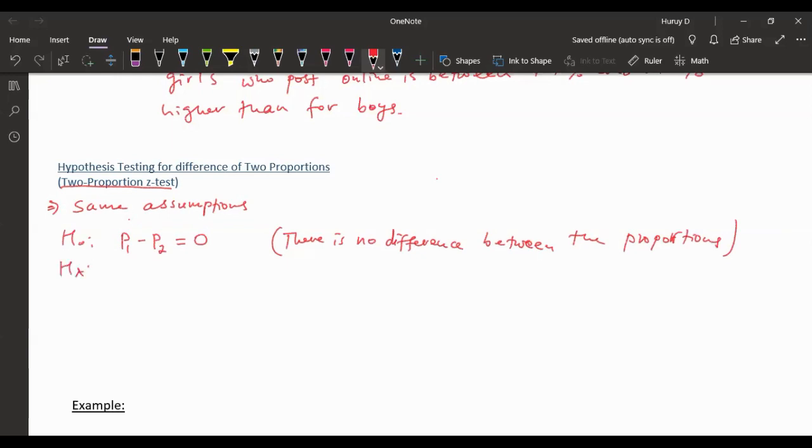And the alternative hypothesis, we have the 3 different options. We can have the two-sided, upper-sided, or lower-sided. These are the possible alternative hypotheses.